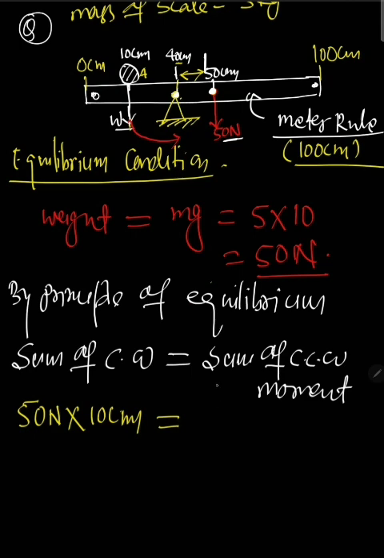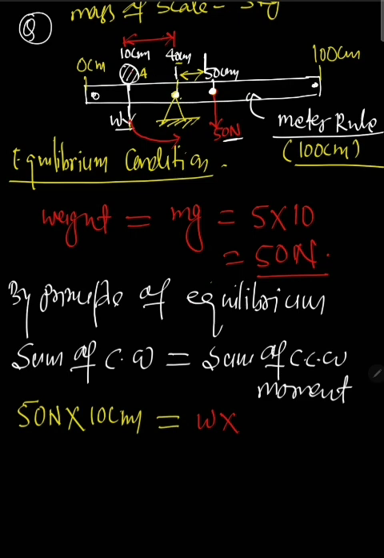The force here we don't know, so we can take W, and the distance we have to take from the rotating point up to this point. Here is the 10 centimeter mark and here the 40 centimeter mark.